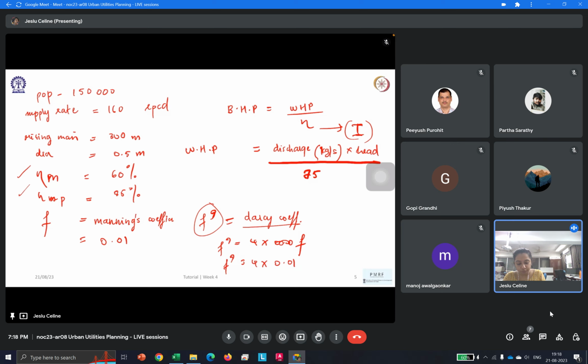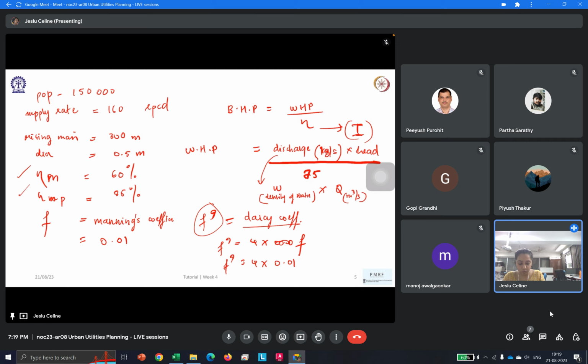So now in order to find discharge, we need to know. Discharge is in kilogram per second. So that's given by the density of water, which is W, into the Q, or the volumetric flow, which is in meter cube per second.